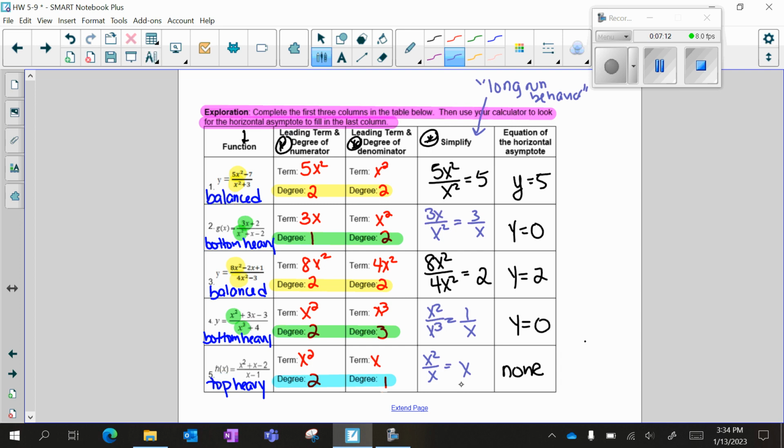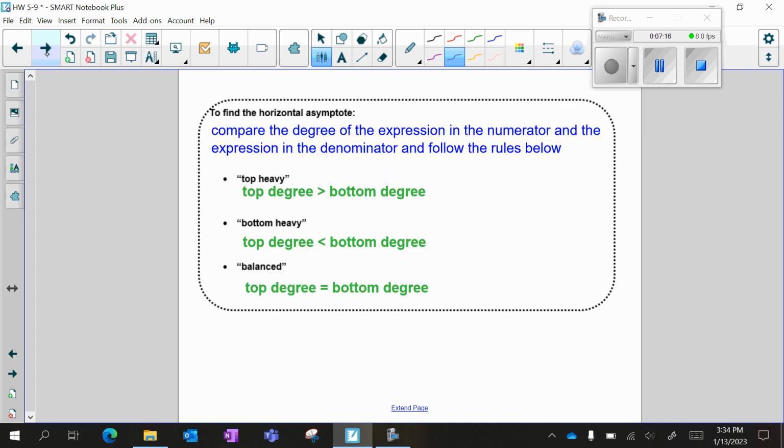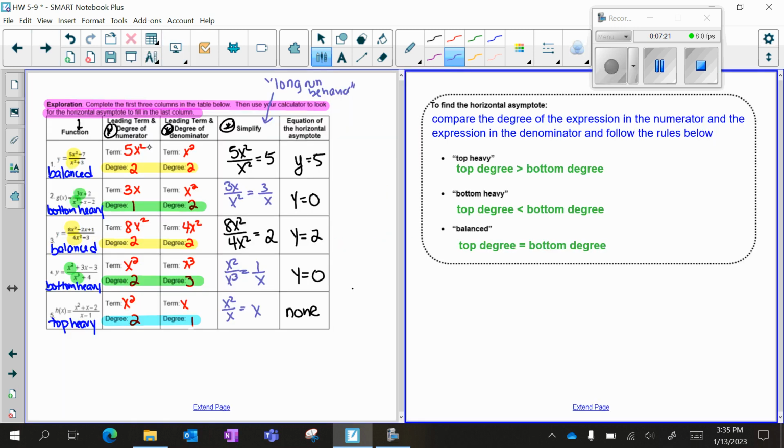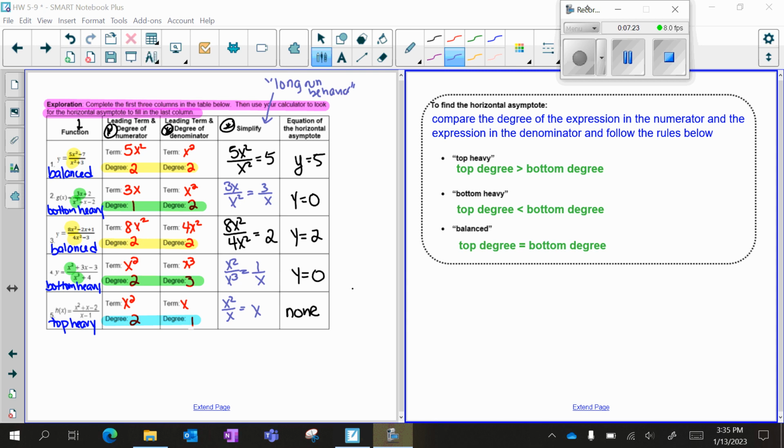So we talked a lot about different things. Let's formalize those notes. Our method for finding horizontal asymptotes is to compare the degree of the expression in the numerator and the expression in the denominator and follow our rules. So we said that when it was balanced, because that was the one that we started with, I'll color coordinate them, my balanced functions, you find the ratio of the leading terms.